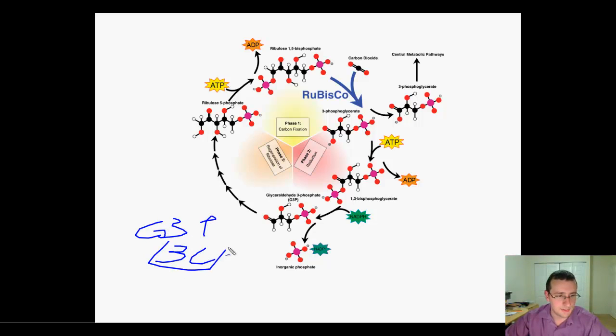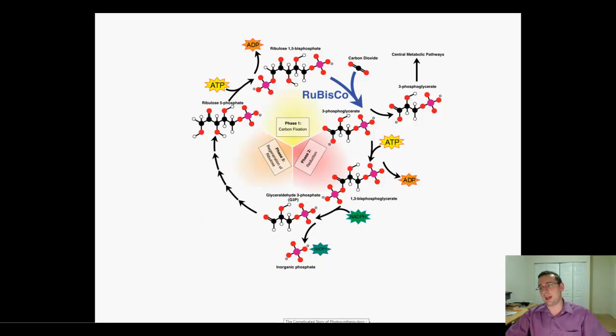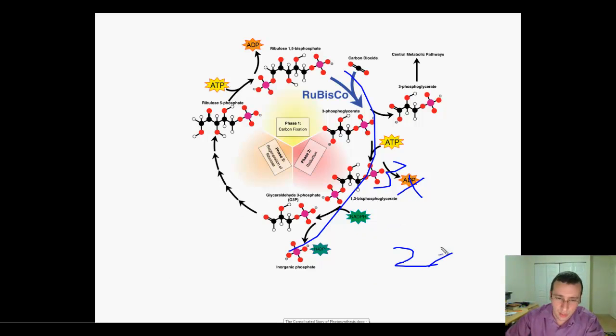The problem is that glucose is a 6-carbon molecule. So in order to make glucose, I have to do this whole thing I just described twice. That means I have to do this process 3 times to get 6 G3Ps, 5 will go one way, 1 will go another, but then I have to do that twice.